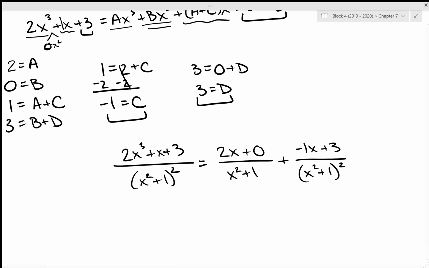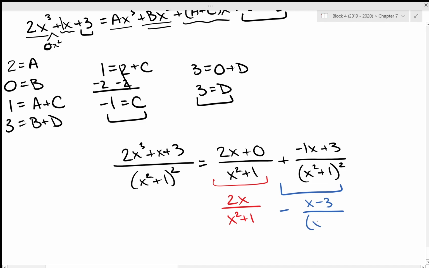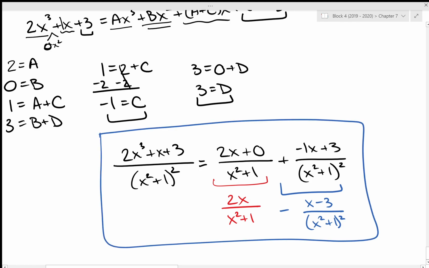Again, I could also write this as 2x over x squared plus 1, and I could also write this other fraction as negative x minus 3 over x squared plus 1 squared, because of the negative in front of the 1. But remember, if you take the negative out and put it in front, you have to switch all the signs. So, this is our final answer.